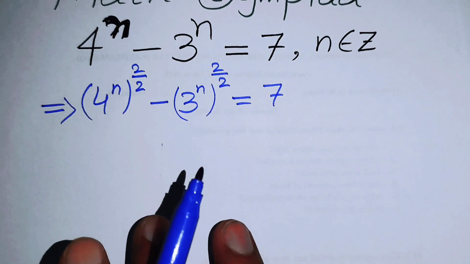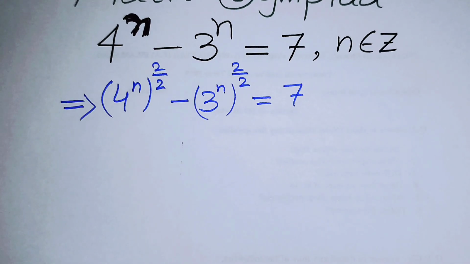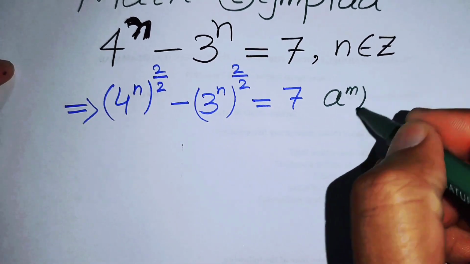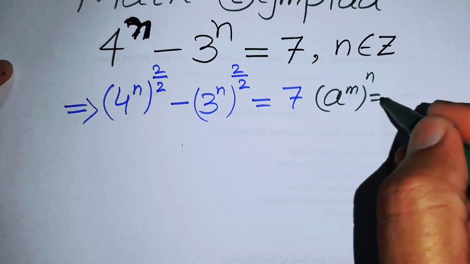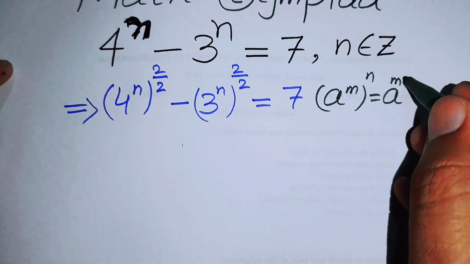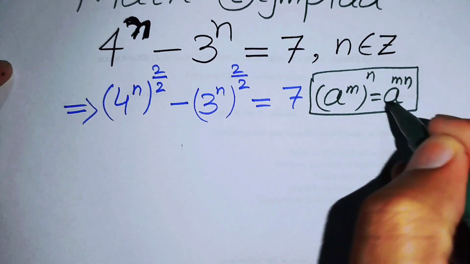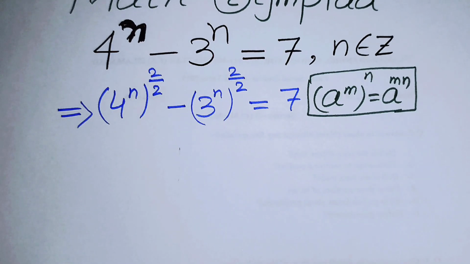And now we can use the nice exponential law, and you know about this law: if we have a to the power of m, to the power of n, it is equal to a to the power of m times n. So now we use this law.